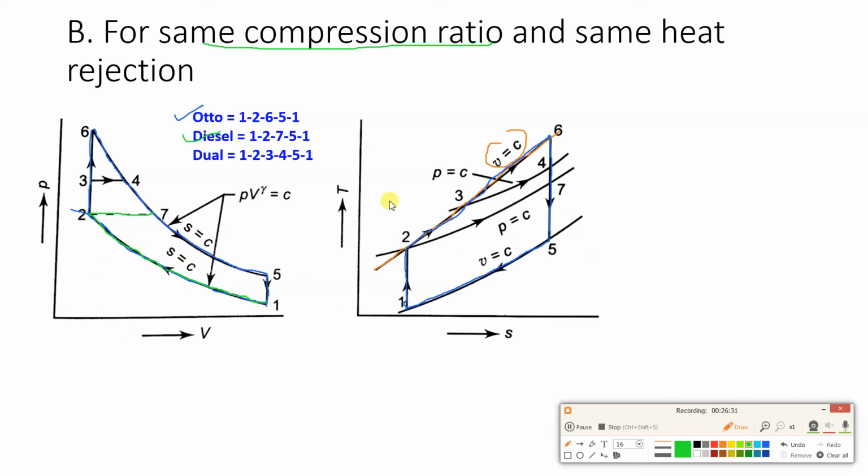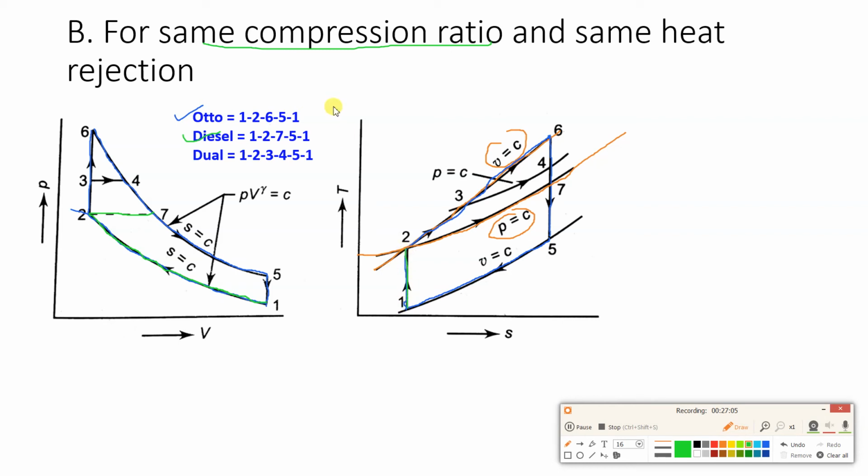Now if you want to draw the same process on TS diagram, I have to first draw constant pressure curve on TS diagram. So this is pressure equal to constant curve from point number 2. Here you can see constant pressure curve is less steeper as compared to constant volume curve when we draw from point number 2. Now isentropic compression for diesel cycle, it will be process 1 to 2.